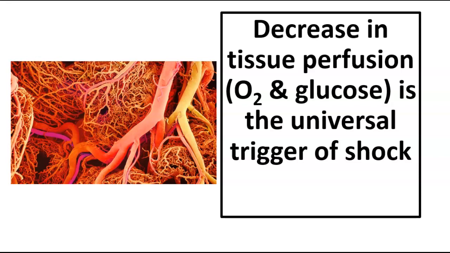Going back to the lack of oxygen and glucose, hypoperfusion leads to hypermetabolism and inflammation. If we look back at the pathophysiology of hypermetabolism and inflammation, they serve a purpose. They serve to allow the body to respond to injury and invasion, but they can also be very damaging.